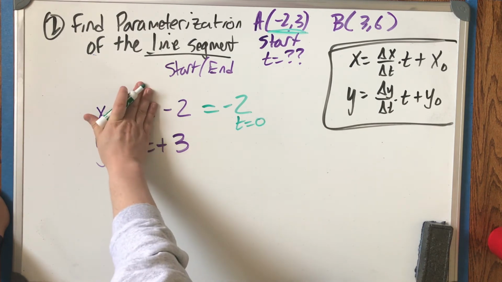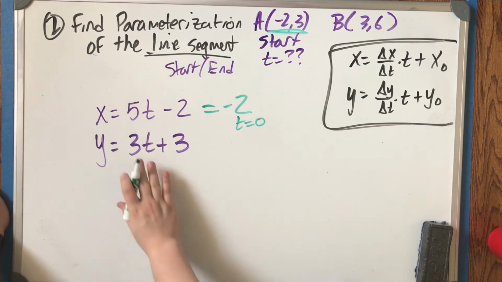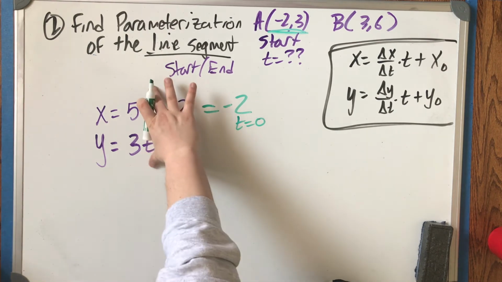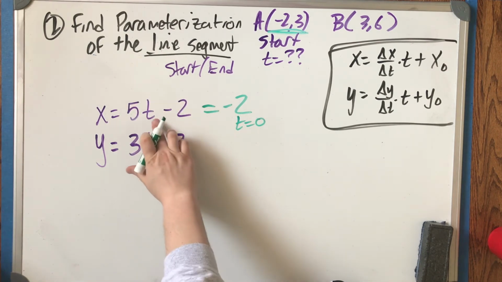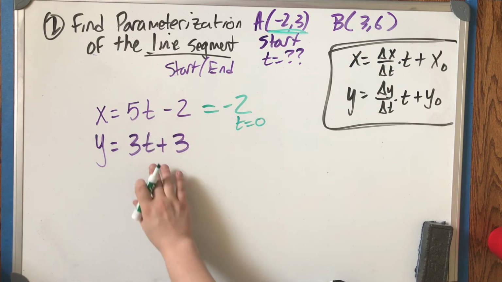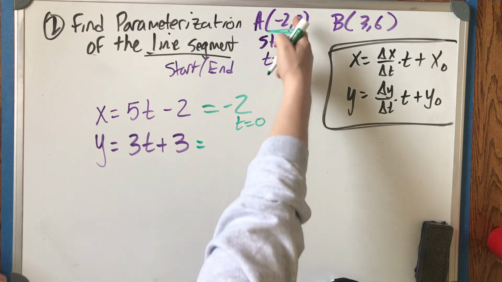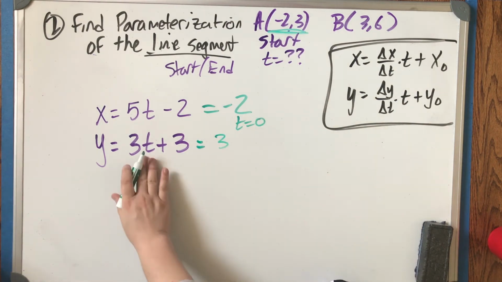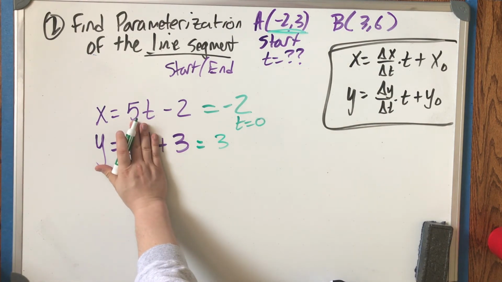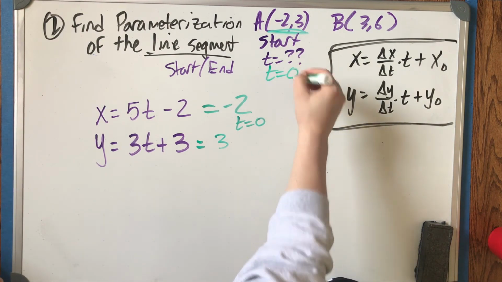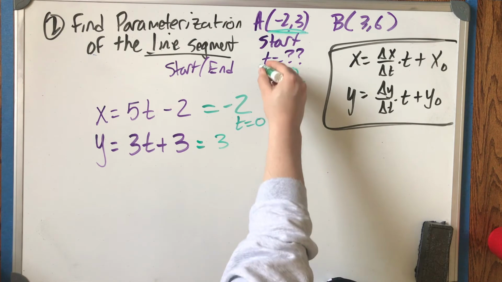Because if t equals 0, then x equals -2. And the same exact thing happens for y. I really don't need to check y because remember, these equations are linked. So once I found the t value that works for x, it automatically works for y. But let's just show you. If we start at y equals 3, when t equals 0, then we will have y equals 3. So we know that this thing needs to start at t equals 0.